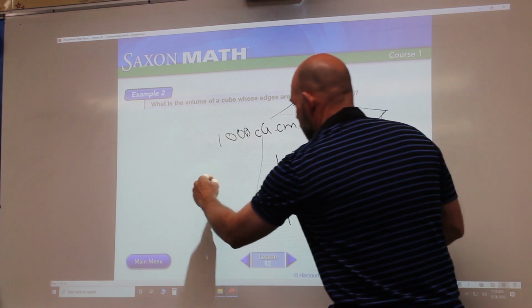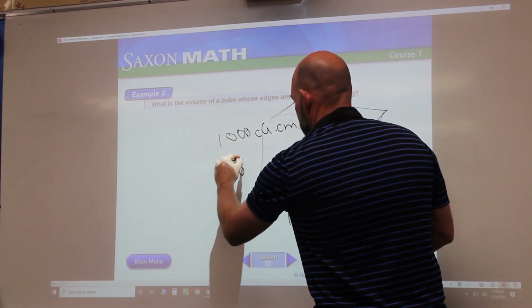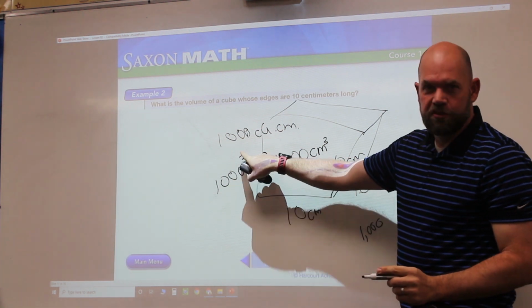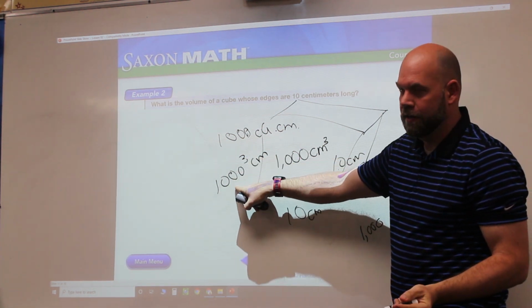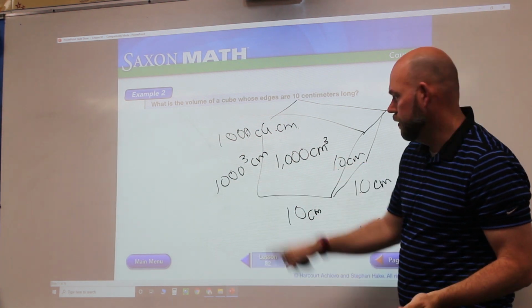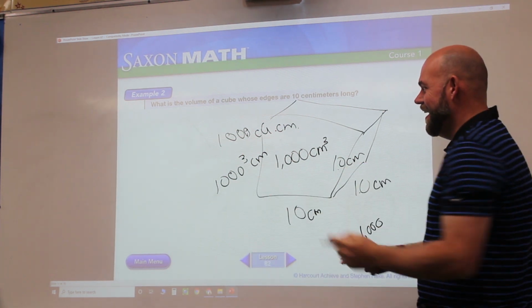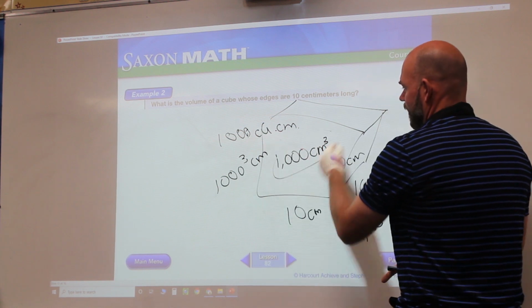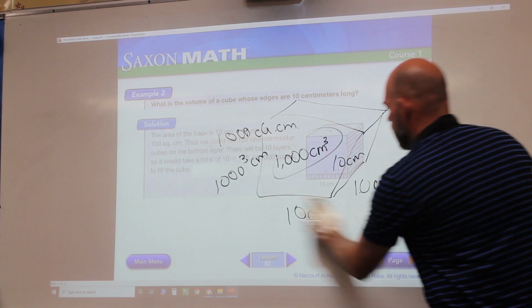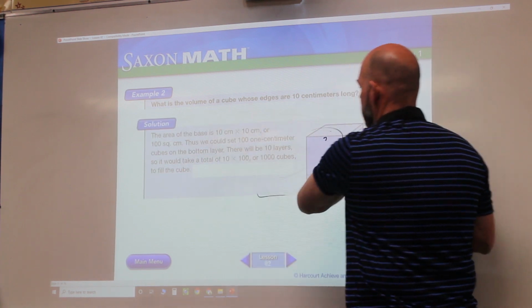If we wrote it 1,000 cubed centimeters, that actually says that the 1,000 should be cubed, which would be 1,000 times 1,000 times 1,000. It's a lot. It's like a billion. So don't do it that way. Make sure that it looks like this, okay? 1,000 centimeters cubed.